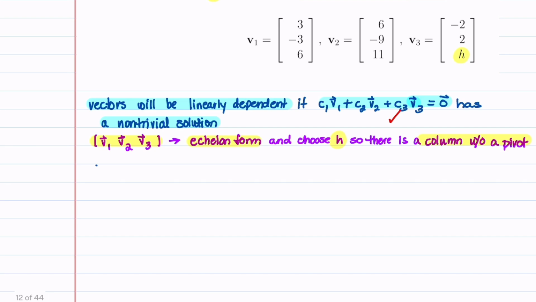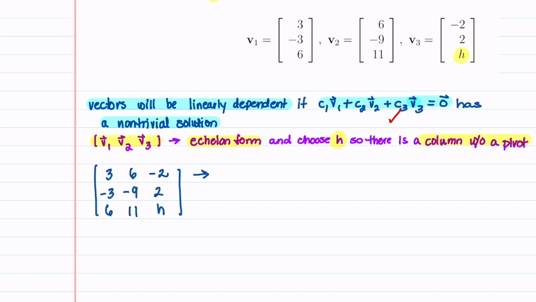So we're going to take our matrix and put vector v1 in the first column. So we have a 3, -3, and a 6. We're going to put vector v2 in the second column, and then vector v3 in our third column. And we're going to put this in echelon form.